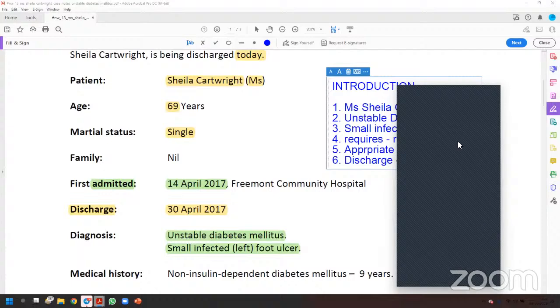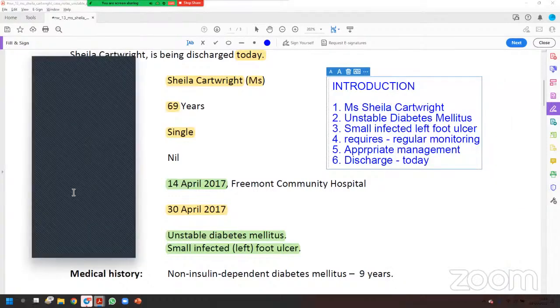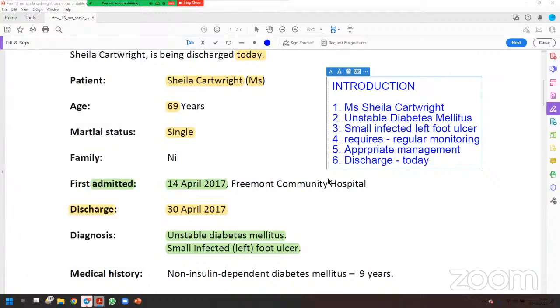Good. Come on. We'll move into the next paragraph. Okay, Jennifer, and a small infected left foot ulcer, a small ulcer. Come on, then we'll go to the second paragraph.